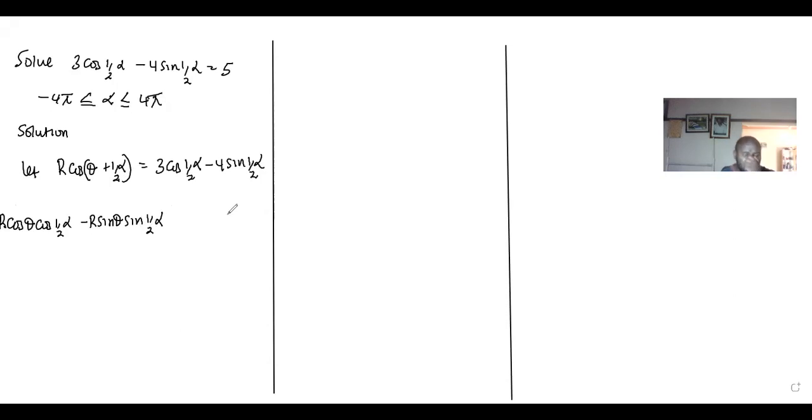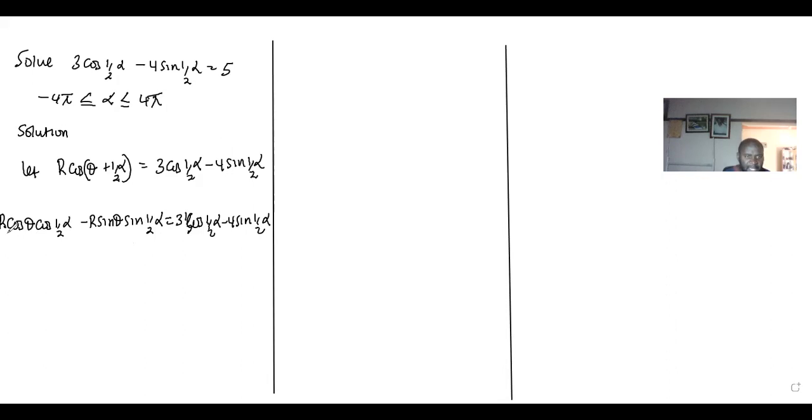So those of you who had crammed the alpha in the R formula, if they give you a question in terms of alpha, use another angle. You can even use X. It's going to be equal to 3 cos a half alpha minus 4 sine a half alpha. It is from here that we can do comparisons.